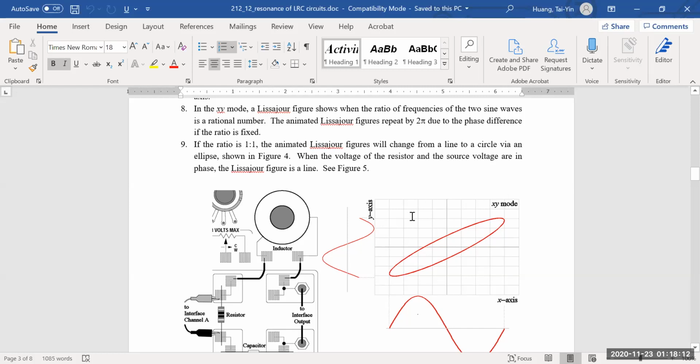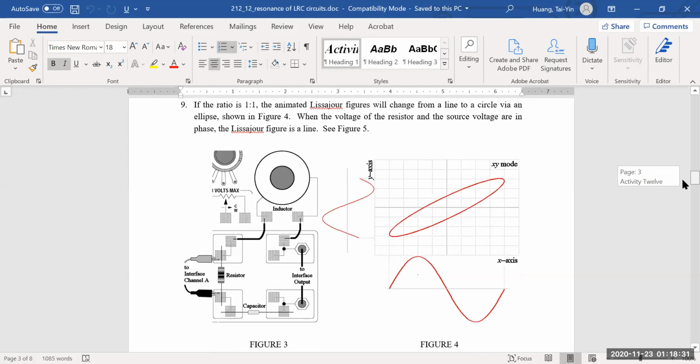So we'll start from there, and then we're going to change the frequency until it becomes a straight line, a linear line. When it becomes a linear line, it means that both the output and the voltage of the resistor are in phase, and that is the condition that we want.